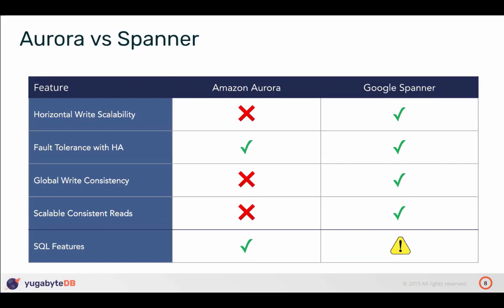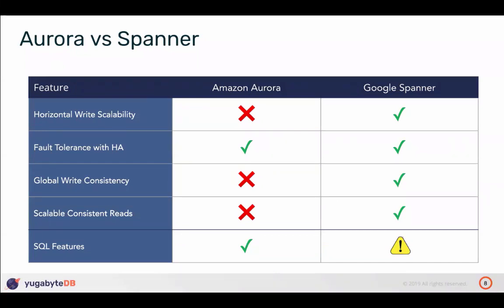But where Google Spanner gives up against Amazon Aurora is the supremely important SQL feature set. Aurora has all RDBMS features, Postgres and MySQL, whereas Google Spanner is its own variant of SQL, and it misses a lot of features, even some basic ones, for example, foreign keys and some types of constraints.